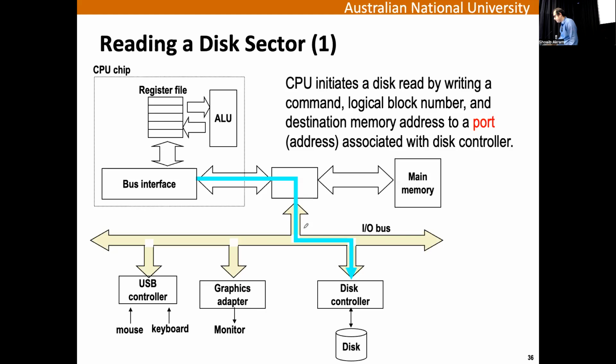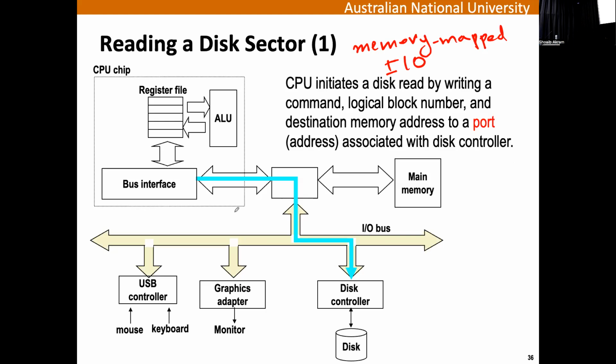And let's say the CPU initiates a disk read by writing a command. So you've already done memory mapped I/O, right? In 2300. In memory mapped I/O, some addresses in the address range are reserved for communicating with I/O devices.